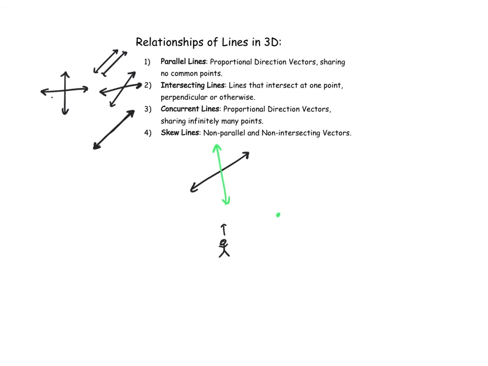If I looked right down at the green line, I'd see a black line underneath it. So this green line would be kind of coming at you and heading in the direction away from you as well. Okay, those are called skew, non-parallel, non-intersecting. Let's talk about that in the next slide, and we'll be finished for today's notes.